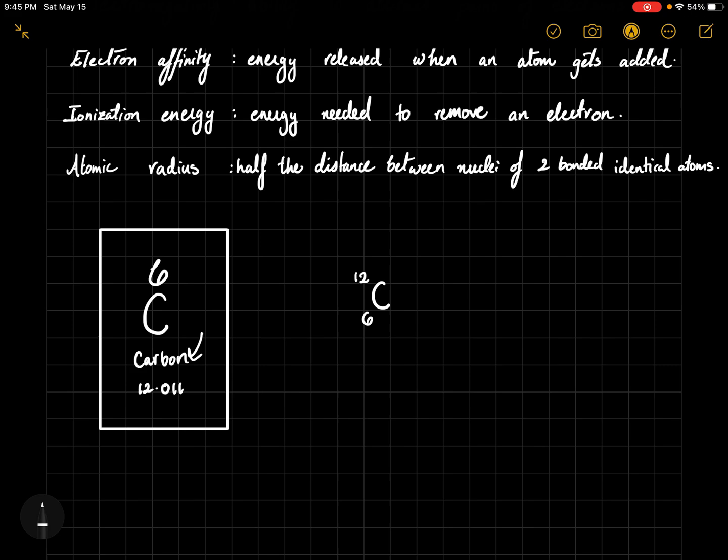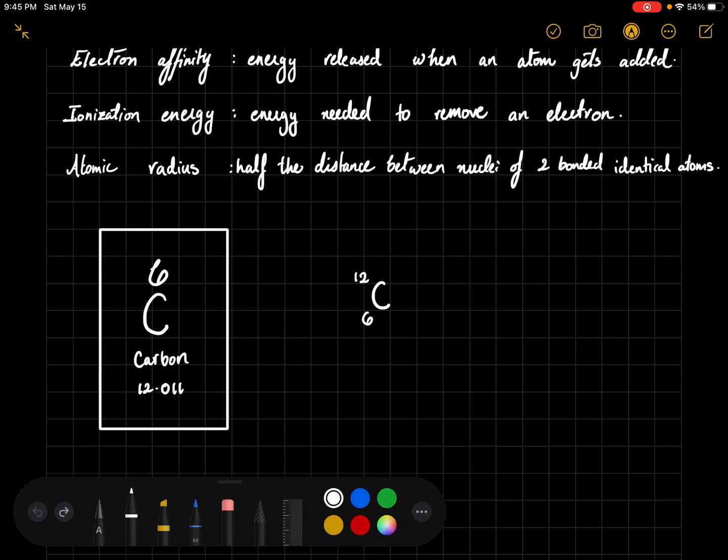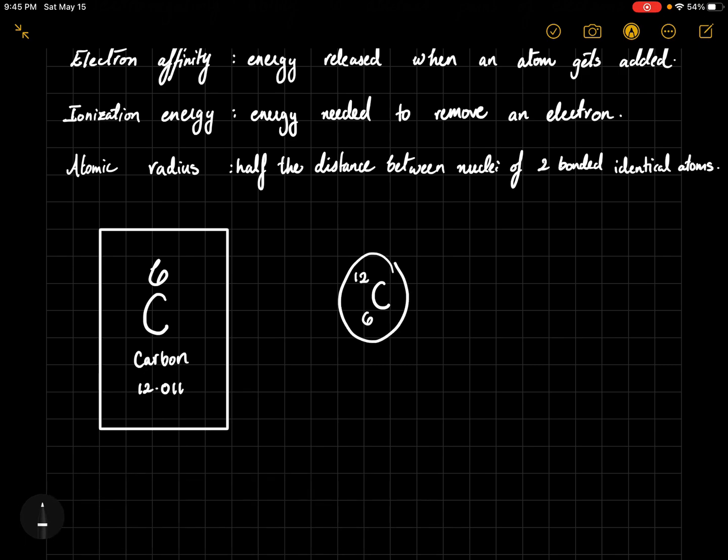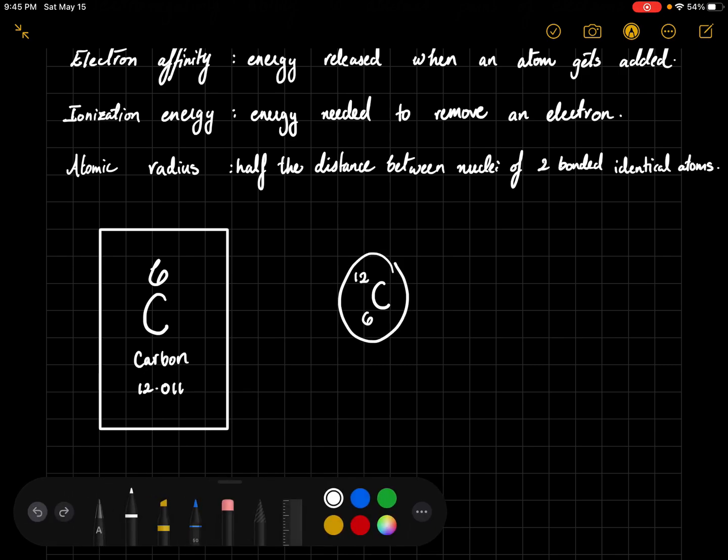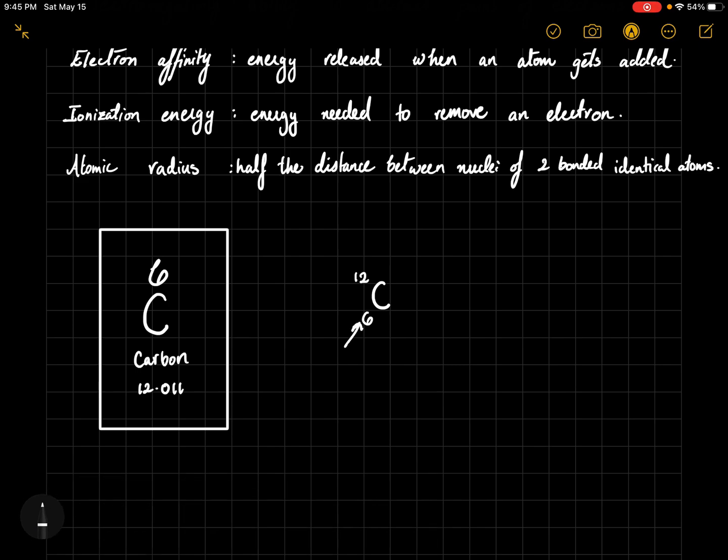This is going to be our name, symbol, and finally the average atomic mass. On this image though, you're not given the average atomic mass. Instead, you're given the Z value, also denoted this way. That's the Z value, or the atomic number, which is the number of protons. And this is going to be the atomic mass, or the mass number.